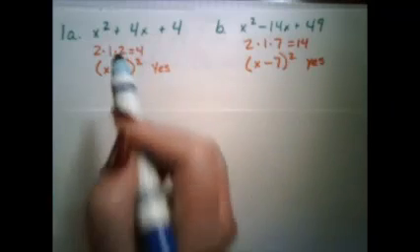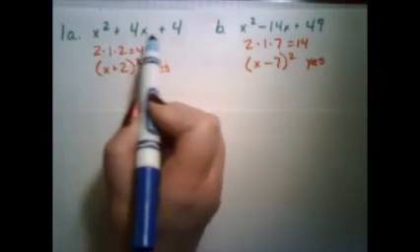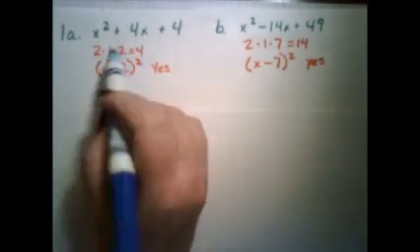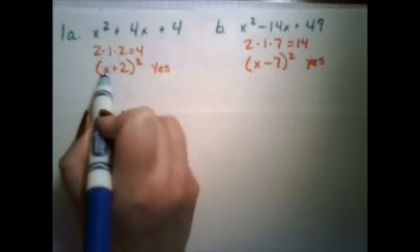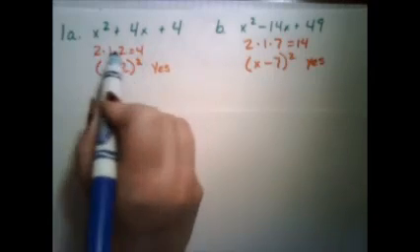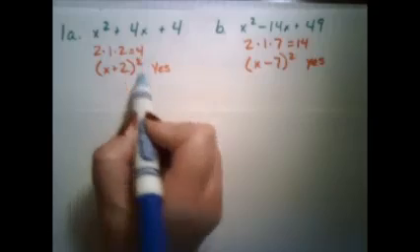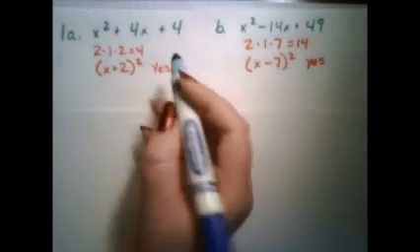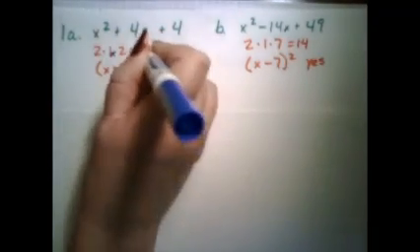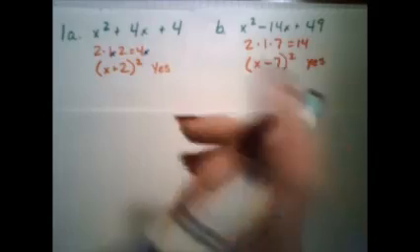So we have 3 questions here. The first one, x squared plus 4x plus 4. And we come up with x plus 2 squared, and yes, because 2 times 1 times 2 is 4, and so that works. And that's got an x, and that's got an x, so yes, that works.